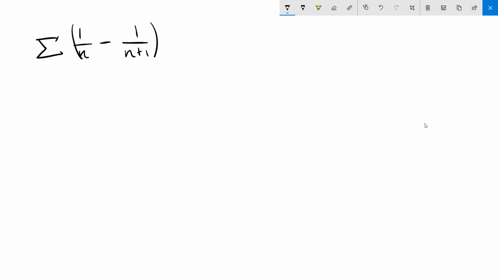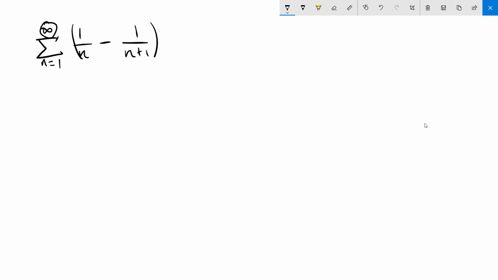Let's take the lower index to be 1, and we want to sum this up to infinity. The infinity, we're just not going to worry about for right now.